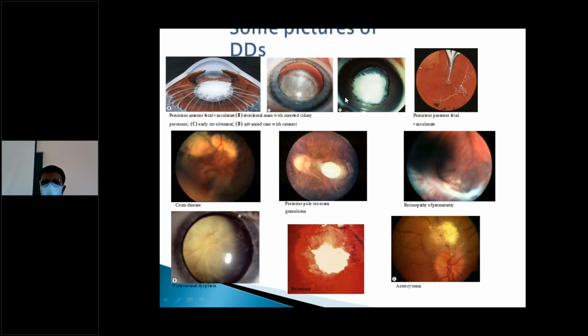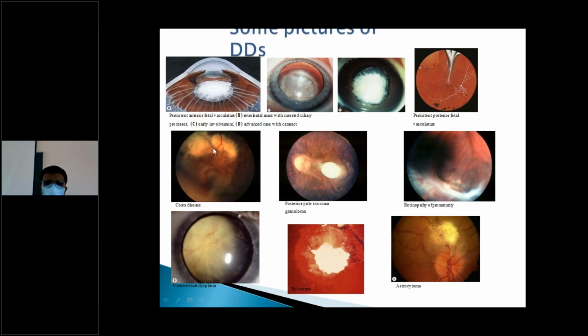These are the various pictures showing various differential diagnoses. This is persistent fetal vascular syndrome. This is retinopathy of prematurity due to oxygen toxicity, where you can see the blood vessels in the peripheral retina with scarring and fibrovascular traction. This is toxoplasma granuloma.